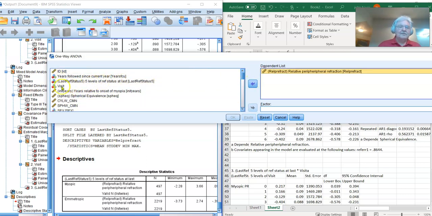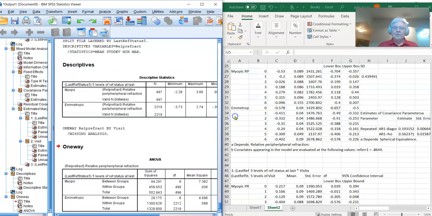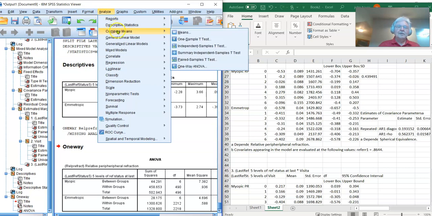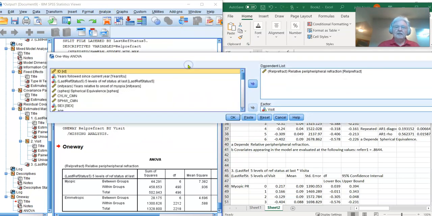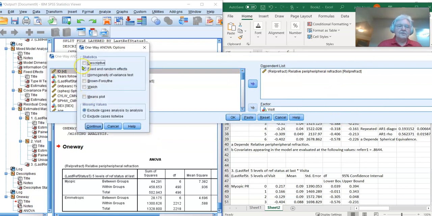And the factor is visit. Oops, visit. Okay. That should give us, oh, I didn't ask for, analyze, compare means, and options, bleeding over. Options are descriptives. Continue.